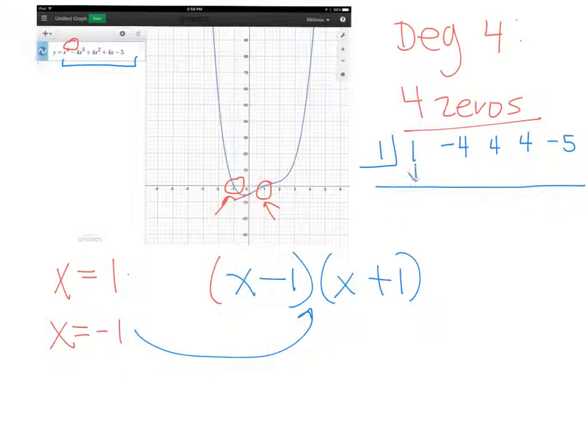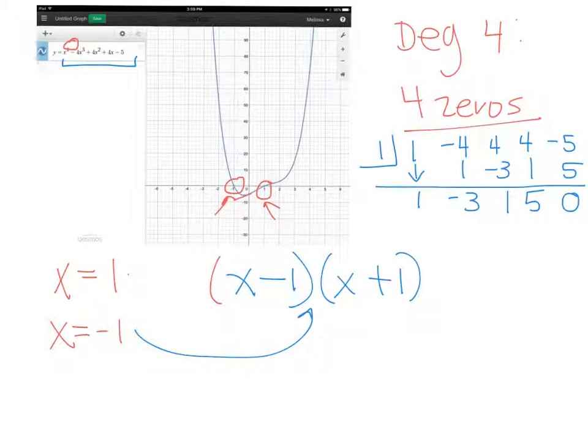If I carry down the 1, 1 times 1 is 1, negative 4 plus 1 is negative 3, negative 3 times 1 is negative 3, 4 plus negative 3 is 1, 1 times 1 is 1, 4 plus 1 is 5, 5 times 1 is positive 5, and I get a remainder of 0.